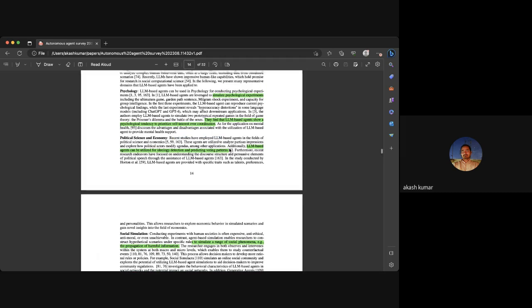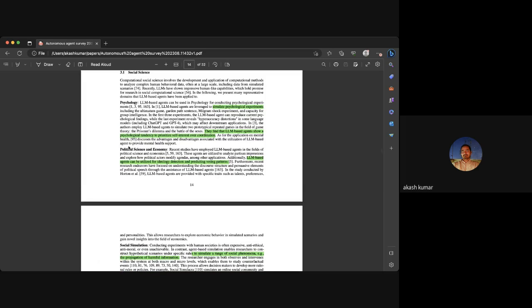Continuing on the use of LLMs in social science, the authors also mention how it is being used in political science and economy. A very interesting use case is that LLM-based agents can be utilized for ideology detection and predicting voting patterns. For example, in these references, the agents are utilized to analyze partisan impressions and explore how political actors modify agendas, among other applications.